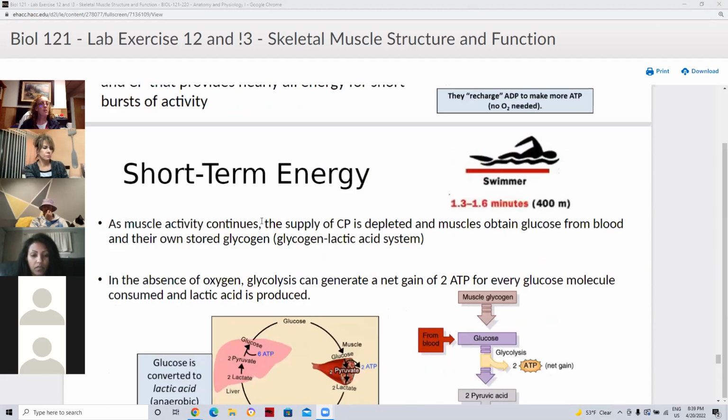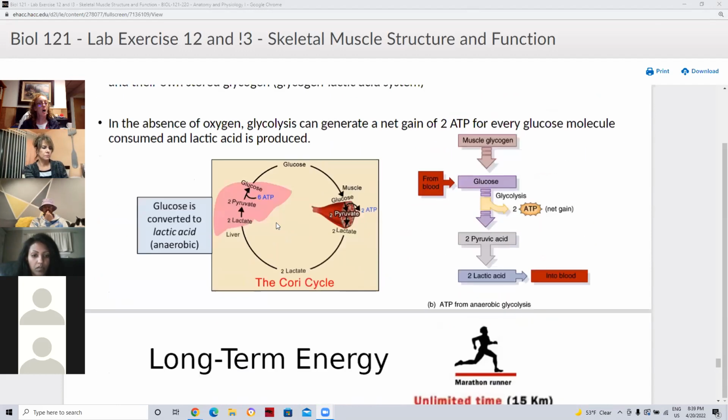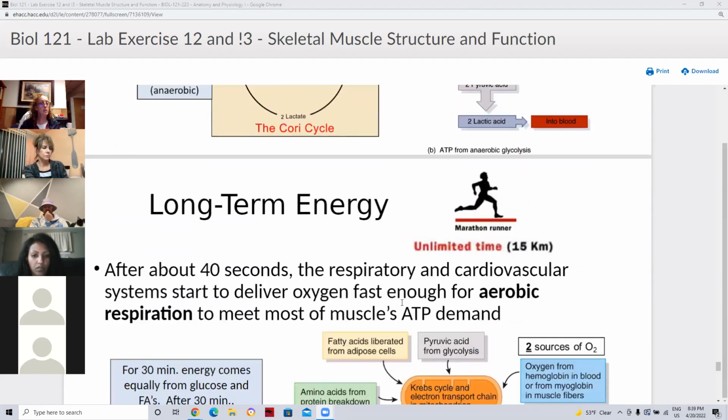We have these other phosphate systems that are going to allow us to produce ATP until our respiratory system and our cardiovascular system get to where they need to be to produce enough oxygen. That's the gist of it.